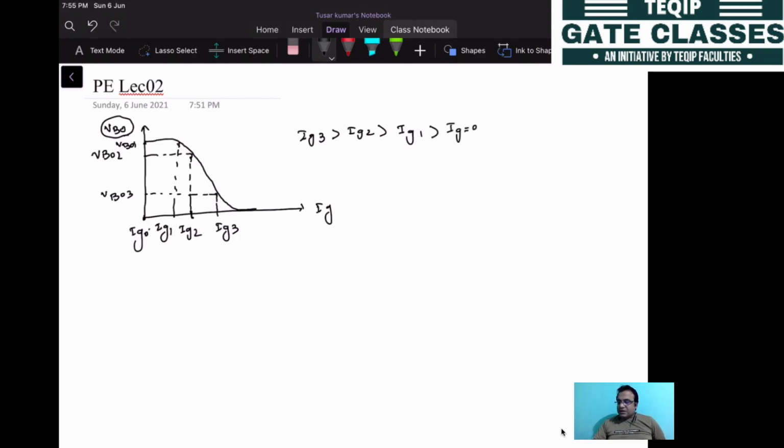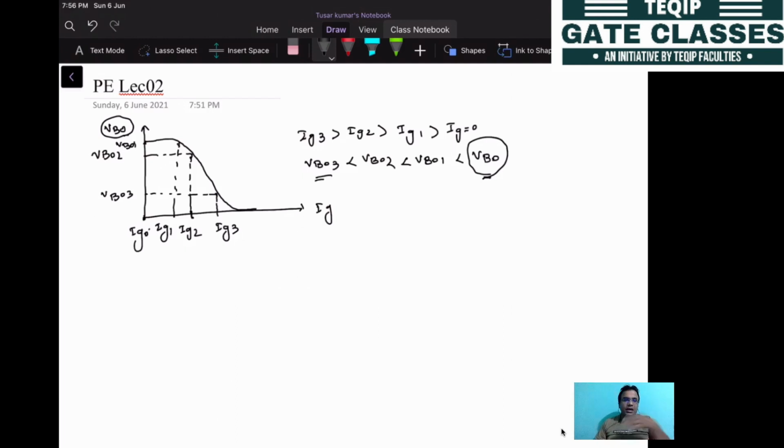If you are increasing the gate current, then VBO3 will be less than VBO2, which will be less than VBO1, which will be less than VBO. If you are not applying any gate current, the breakover voltage will be the maximum among all the values. Clear? So if you increase the amplitude of the gate current, the breakover voltage will reduce.